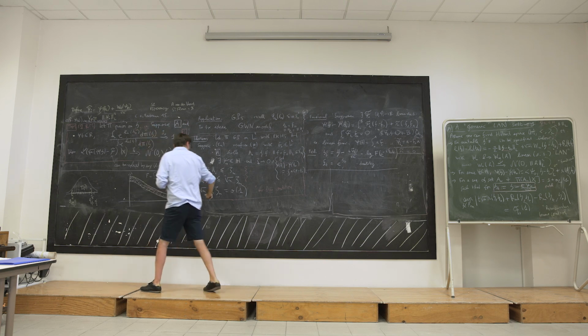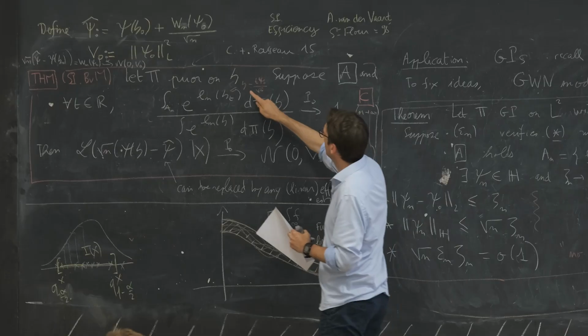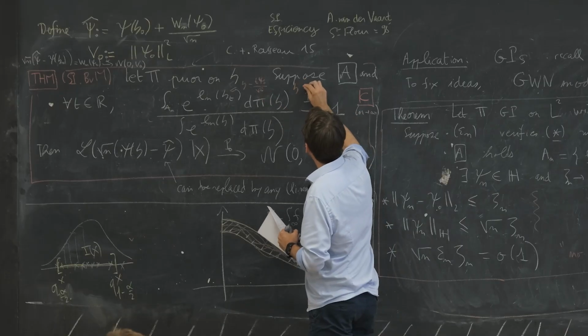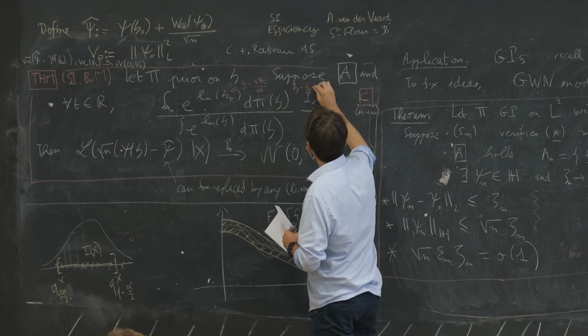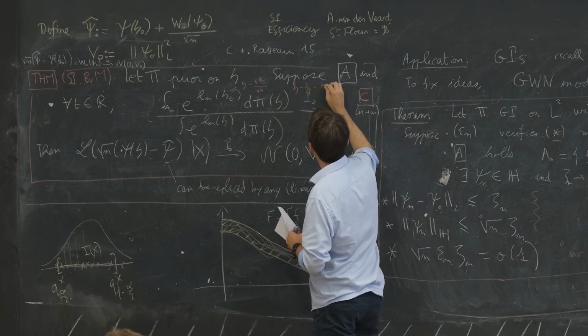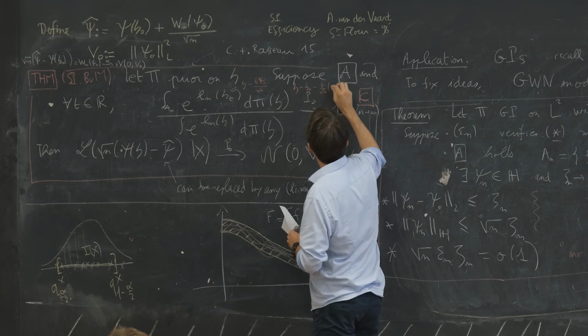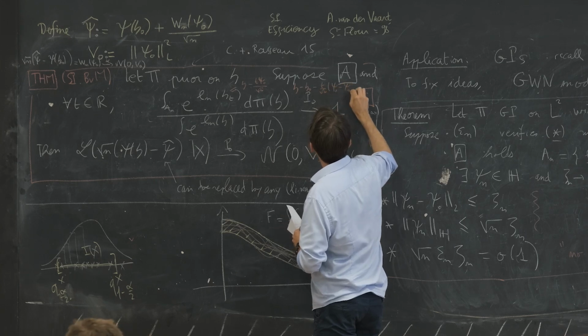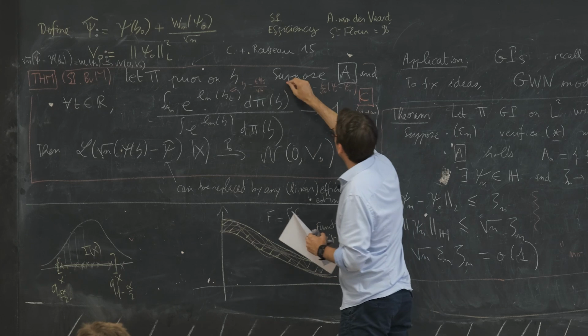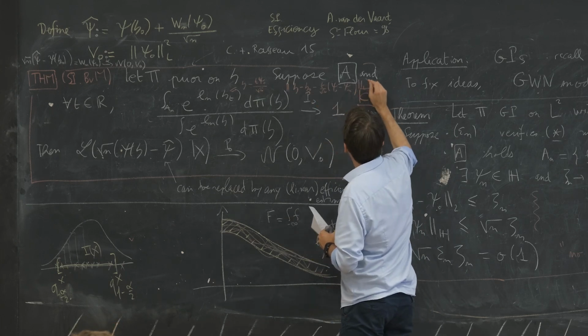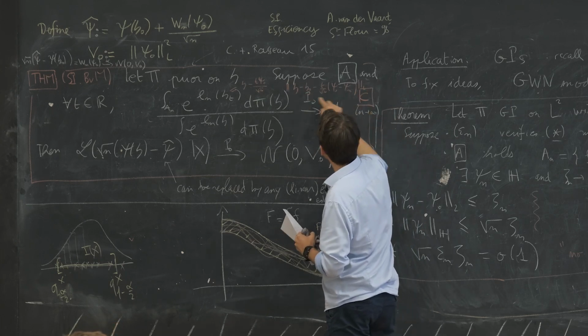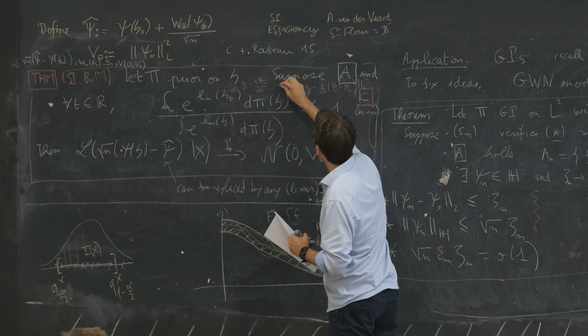So where does this come from? It comes because you have eta, and in the likelihood expansion, you have eta minus eta naught, and then you'll have a term like t square root n psi naught minus psi n. And you'll have the L2 norm squared. So when you take the square, the cross term that you'll have here, and there is an n over 2 in front.